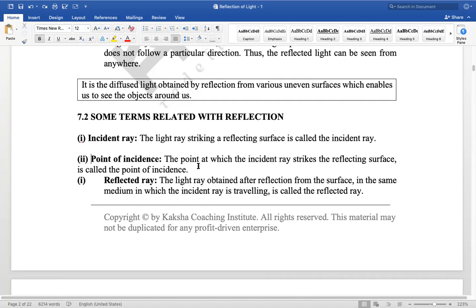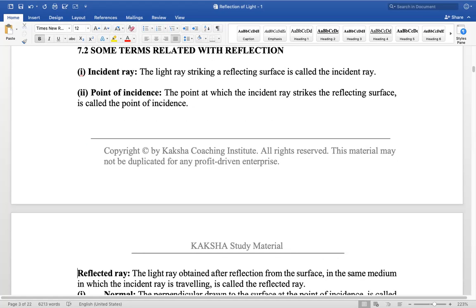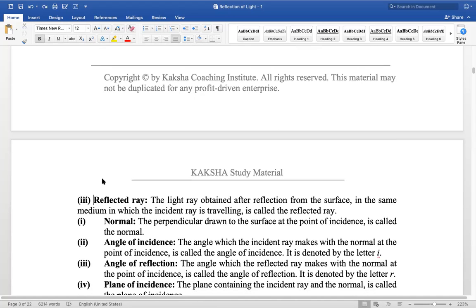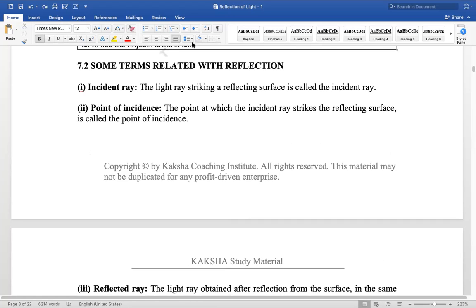So जैसे अगर हम लोग ये फिगर की बात करें, okay, let's say this is a mirror. So incident ray जहाँ पे जाके, so the ray which goes and strikes the mirror, right?